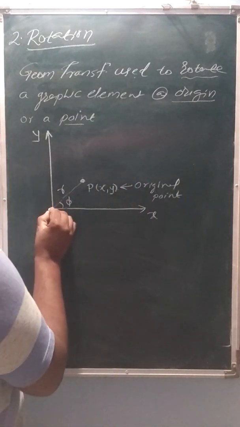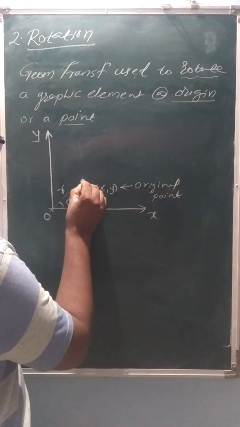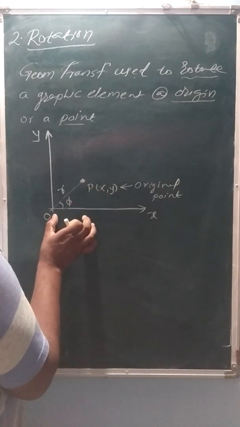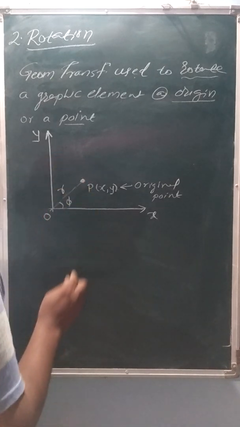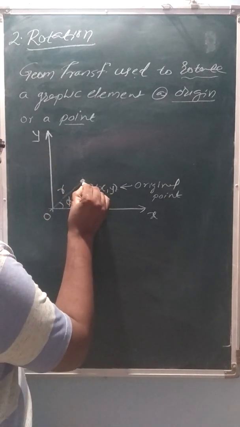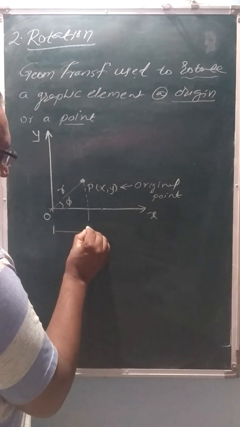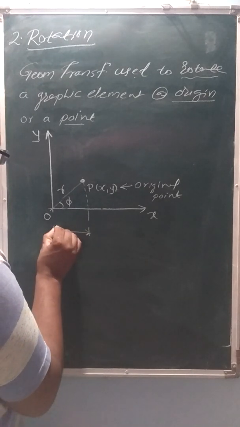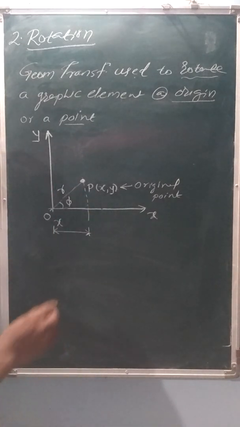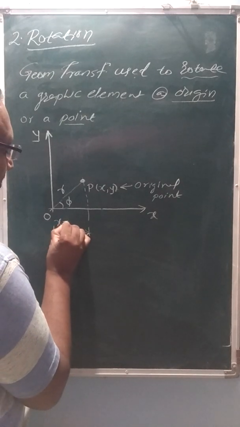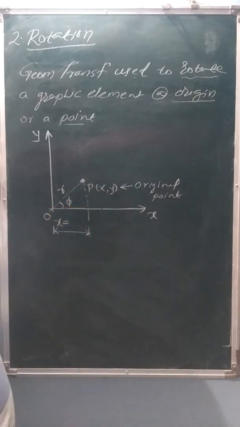Now, before rotation of this particular point, we will find the horizontal distance, meaning the distance along the x-axis, and the vertical distance, meaning the distance along the y-axis. The distance along the x-axis can be denoted by x and can be found by taking the projection of this point on the x-axis.